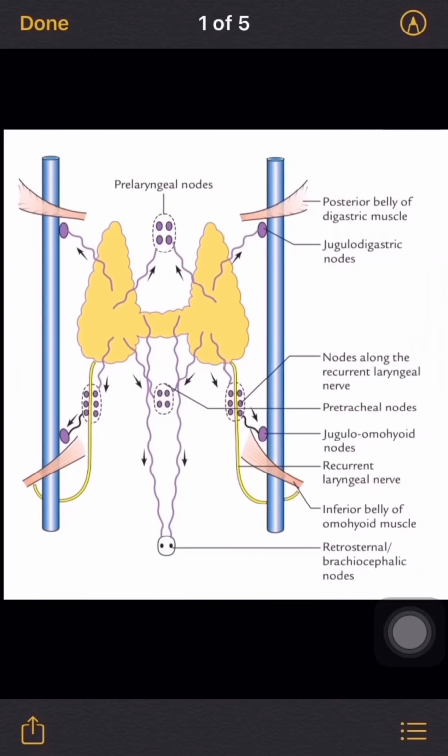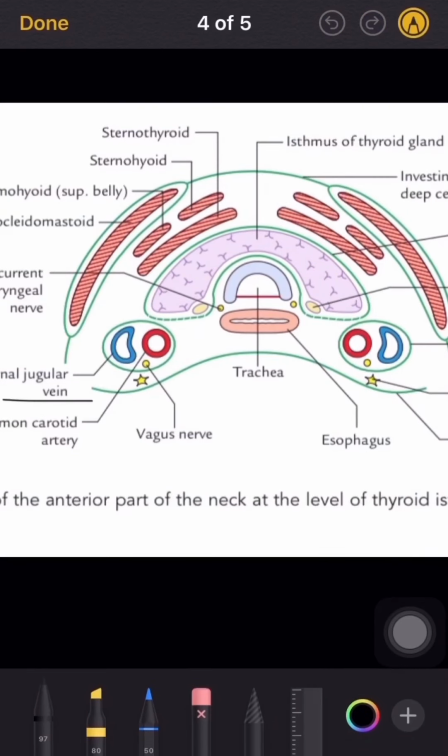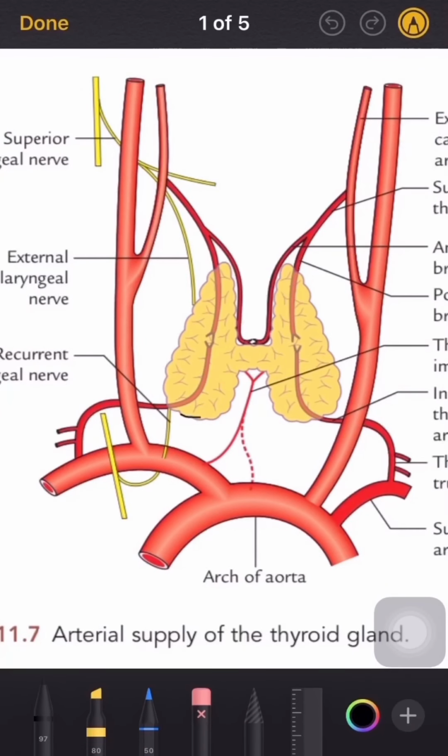So we already know that the carotid sheath consists of internal jugular vein, common carotid artery, and the vagus nerve. So it goes behind the sheath, it comes behind the lobe, and then finally anastomoses with the posterior branch of the superior thyroid artery.